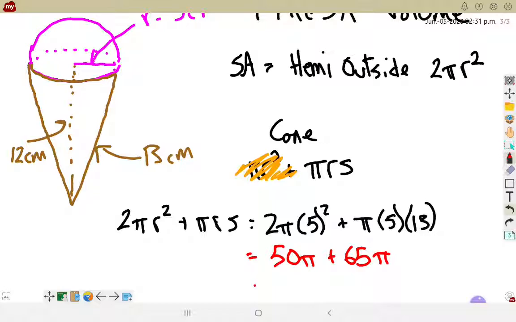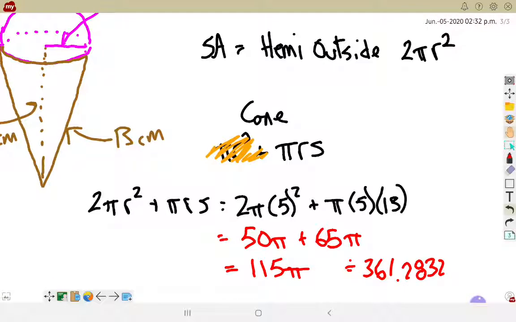The best way to write this answer, because it's a nice exact number, would be 115 pi. If we're asked to round, just use that pi button in your calculator. It works out to be approximately 361.2832, and I could go on, but I'll just stop there. So approximately that many centimeters squared. Okay, so that's the surface area.